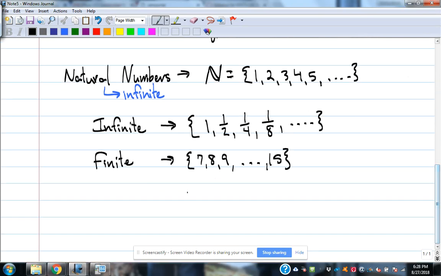Here's another way that they might write a set. This is more of an algebra class style of writing a set. In high school, we call this set builder notation. But the idea here is, is this finite or infinite?